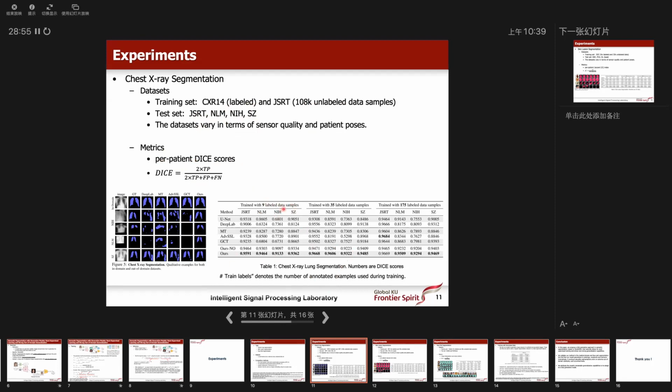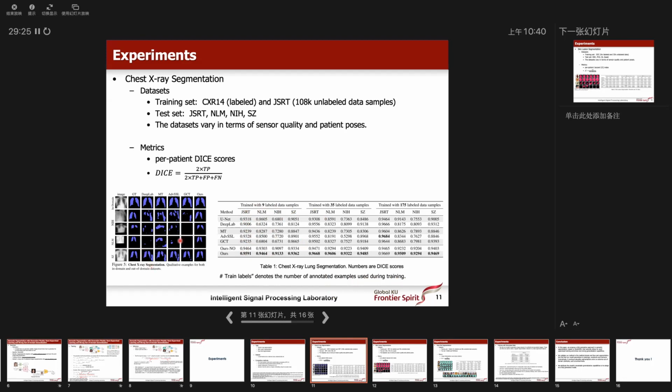In the figure, the trained labels represents the number of annotated examples used during training. The proposal has achieved a large performance improvement over the supervised method and the semi-supervised method.